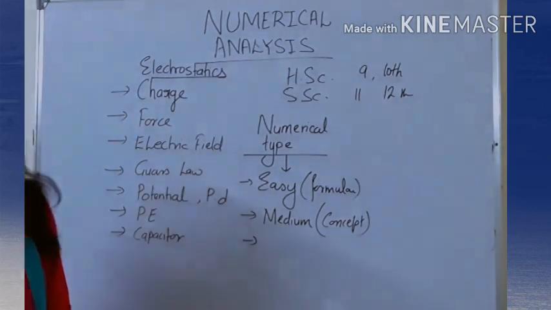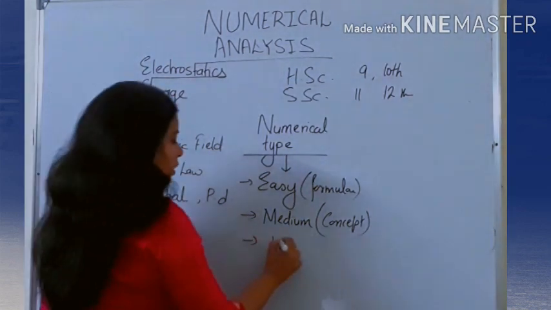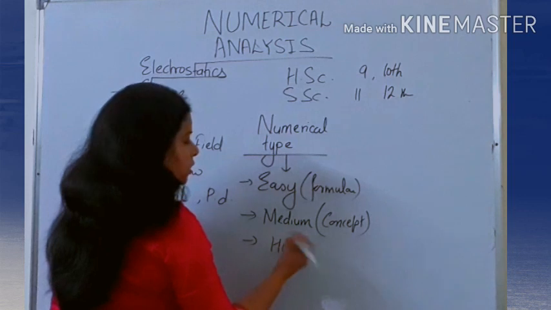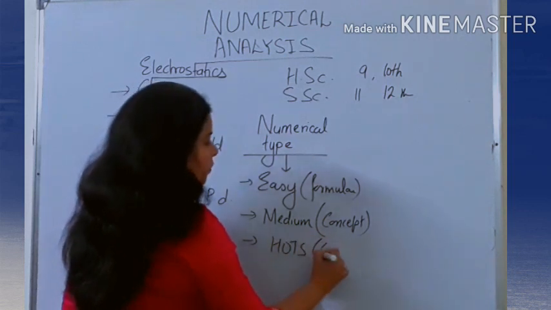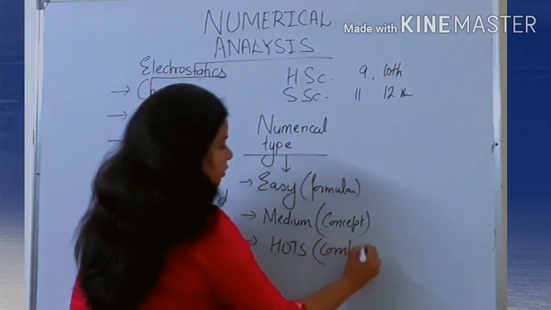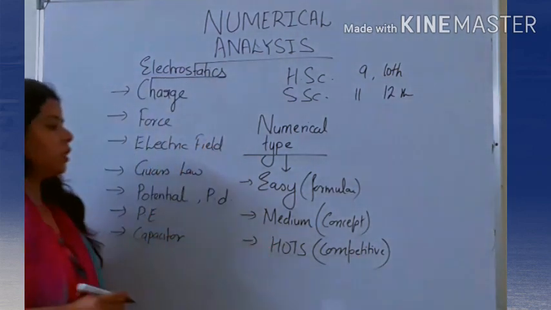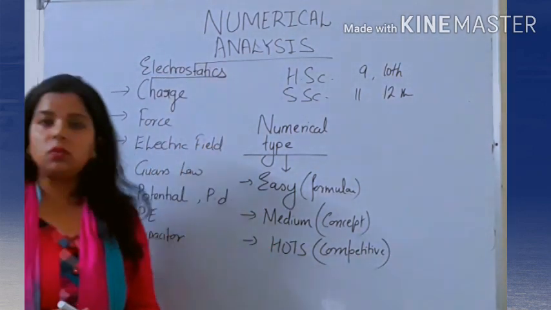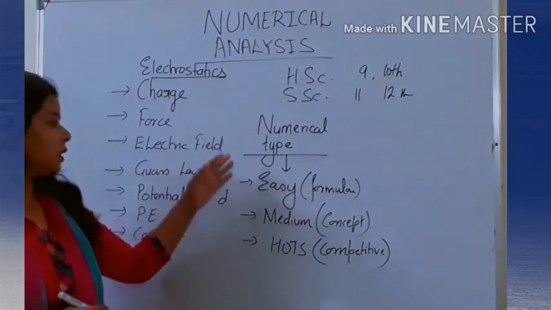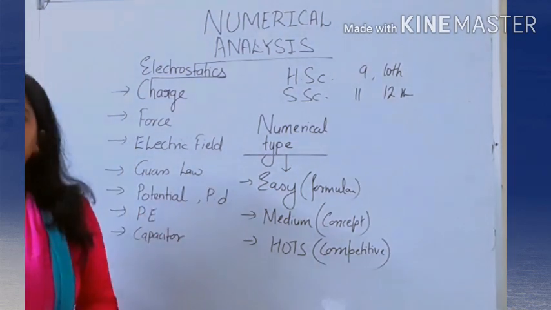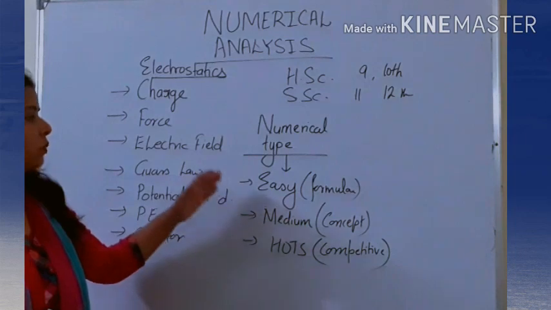And the third one, which is very important, is HOTS, which is the base of all competitive examinations. These are competitive questions, and sometimes they come in board examinations too. So these are the three categories of numericals, and you can do them one by one.